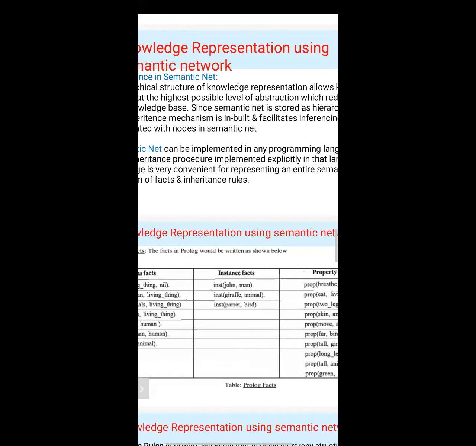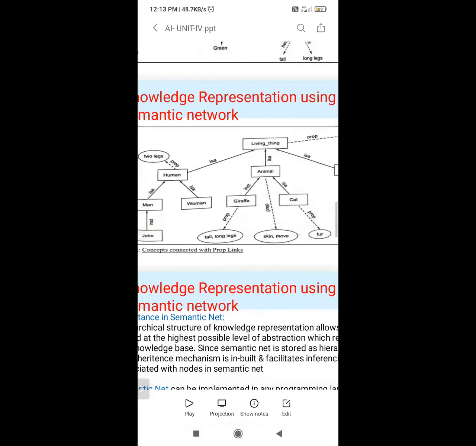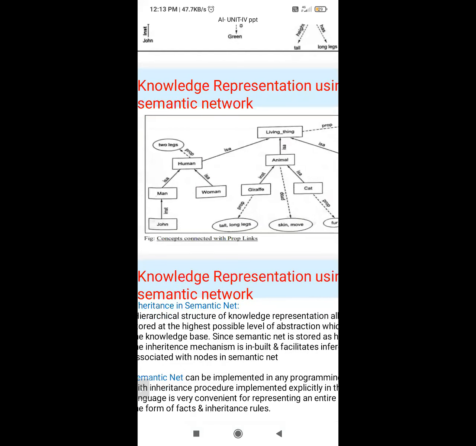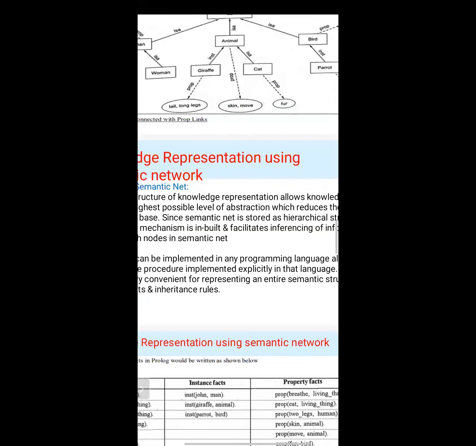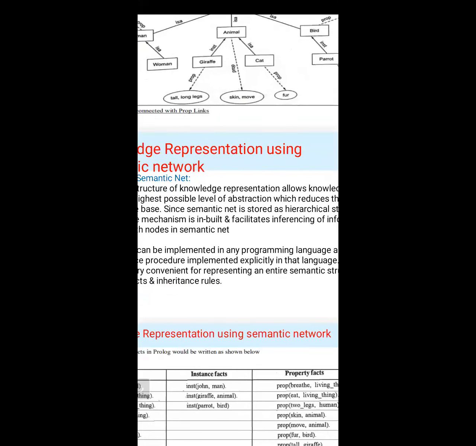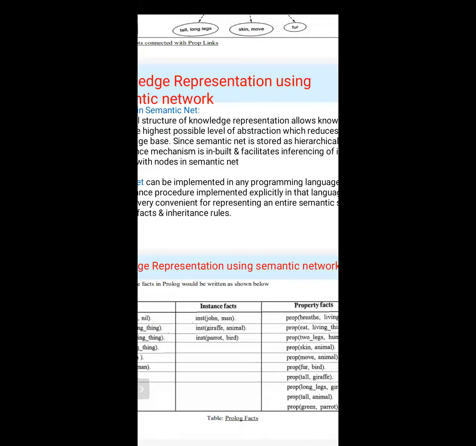And next one is instance facts. How many instances do we have? Giraffe, John, and parrot. Instance of John comma man means John is an instance of man. It is a subpart of man, because all the names come under instances.